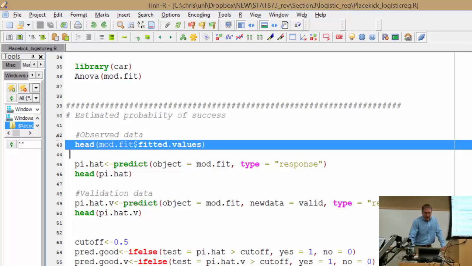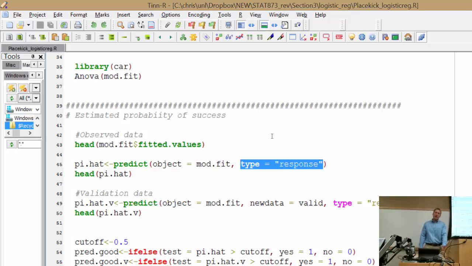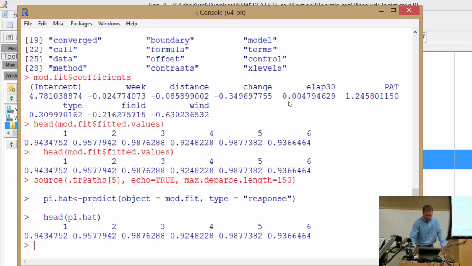Another way to get at those probabilities is to use the predict function. You saw that with the lm function in the past. You simply say the first argument, object equal mod.fit, and then you say type equal response, which tells R you want the predicted pi values. So I put them in an object called pi.hat, and those are the estimated probabilities of success.